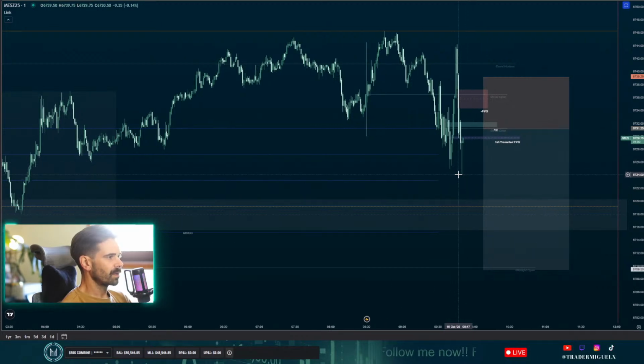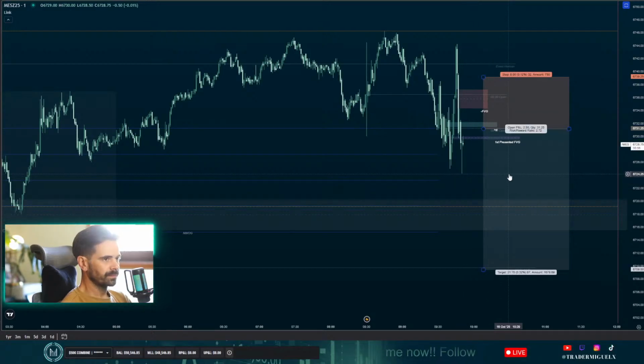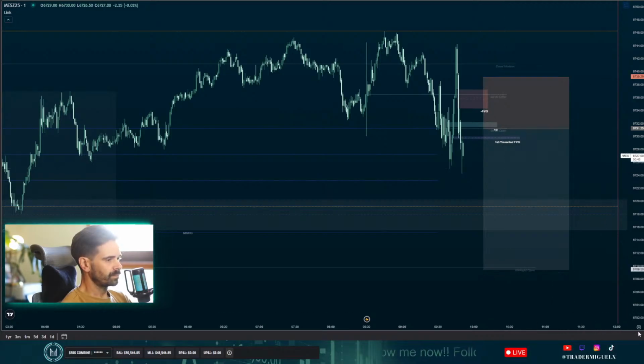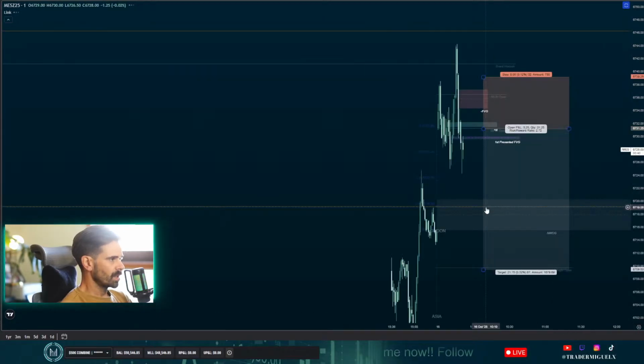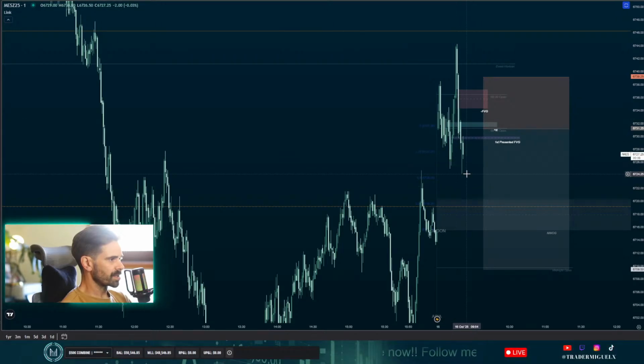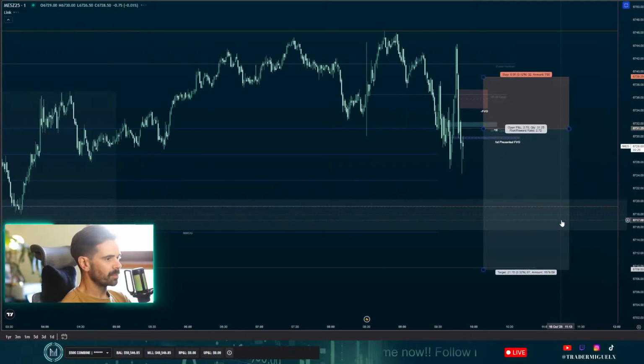Not liking how we closed here. Let me check the regular trading session. Yeah, price is having a hard time closing below the 25% of the opening range gap.